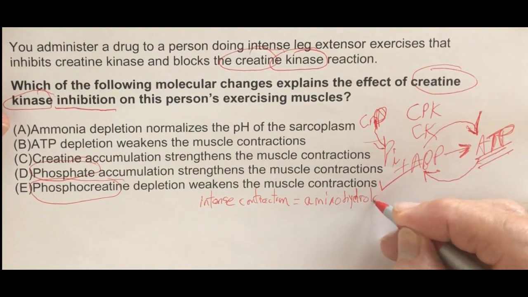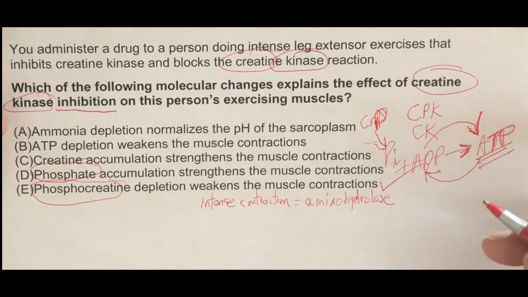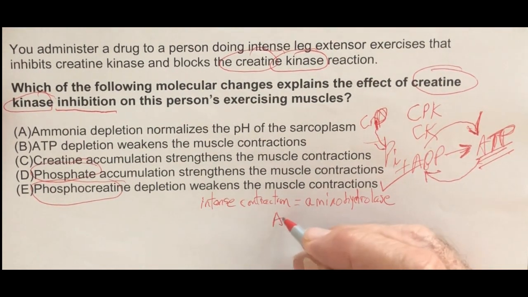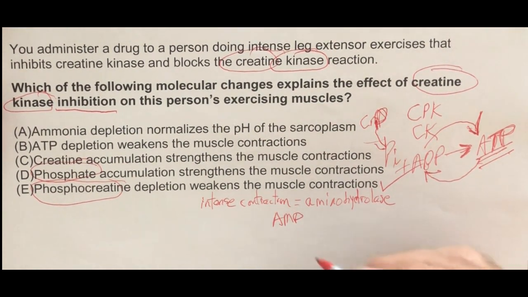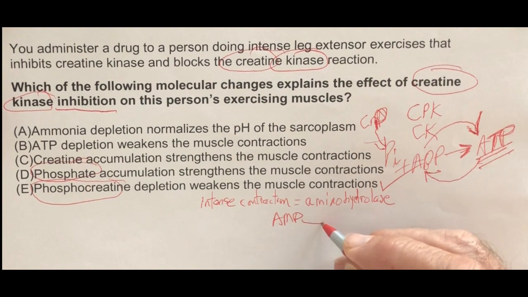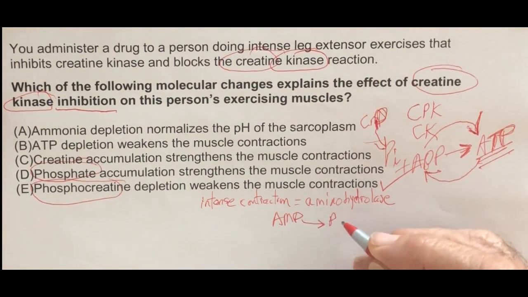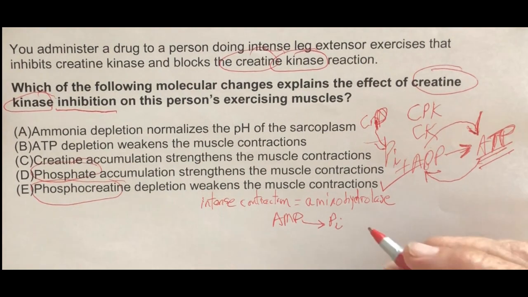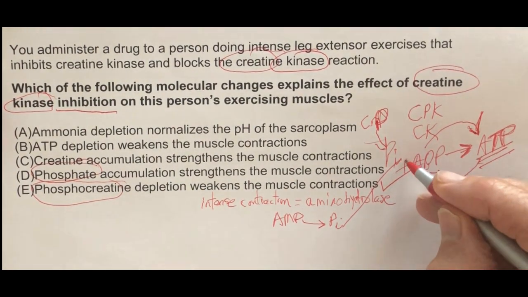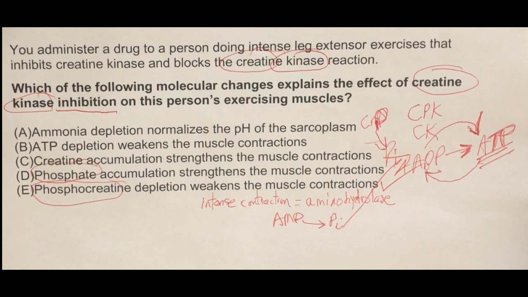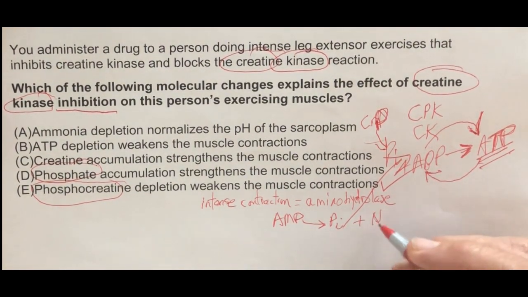Aminohydrolase breaks down AMP, adenosine monophosphate, to create more inorganic phosphate for this reaction. And that helps buffer or replenish the ATP. As a result of an aminohydrolase reaction, we get a buildup of ammonia, NH3.